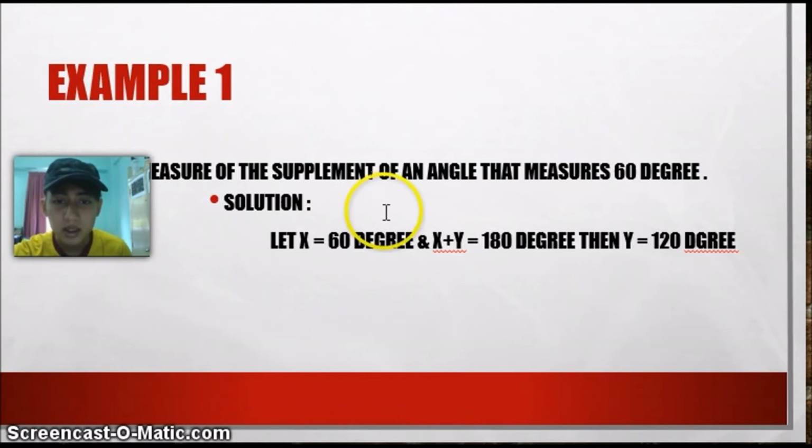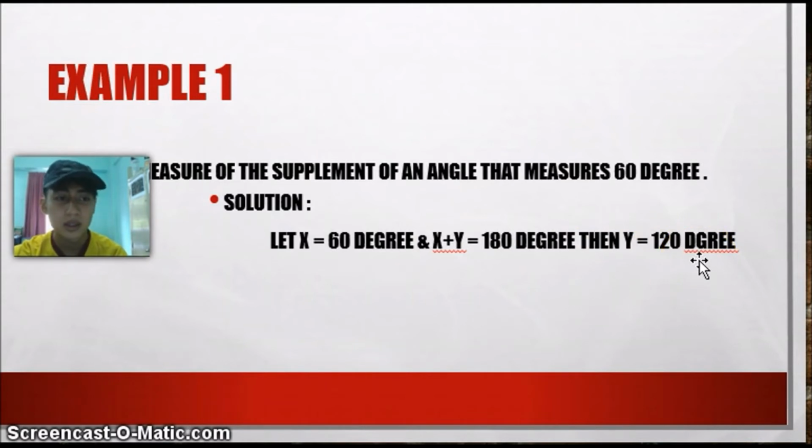Then we make an unknown. Let x equal 60 degrees and x plus y equal 180 degrees, then y equals 120 degrees. So that's simple, right? 180 minus 60, we get 120 degrees, so y equals 120 degrees.